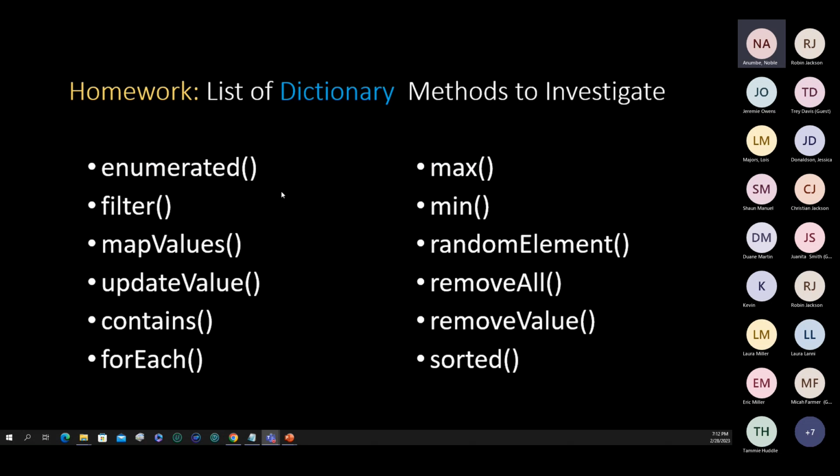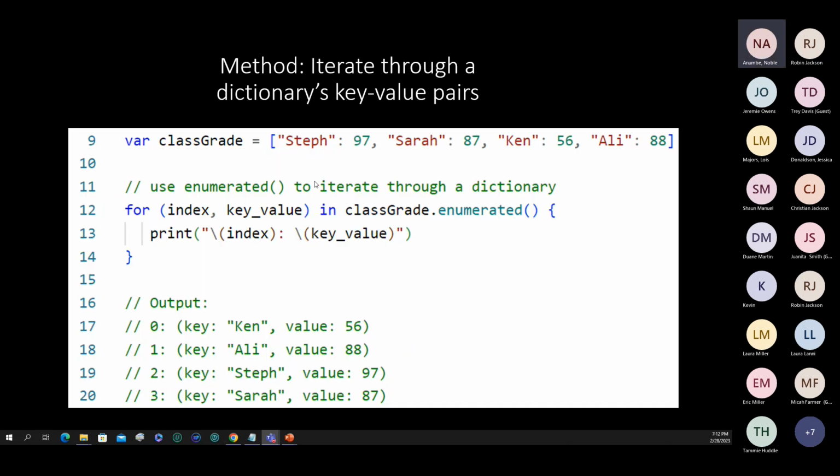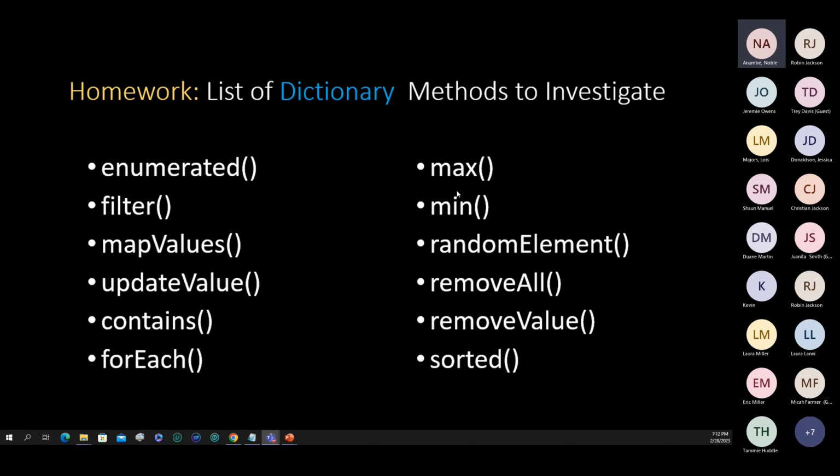Okay, so these are other methods that you can also go play around with. For example, this shows a method that is max or min. It might be particularly unique to integers or numbers, I don't know, but you have to go check this out.